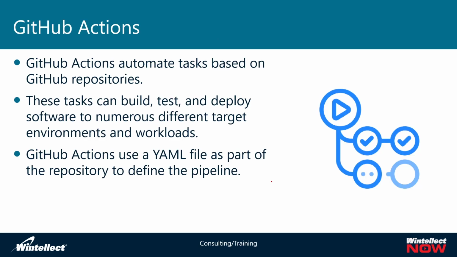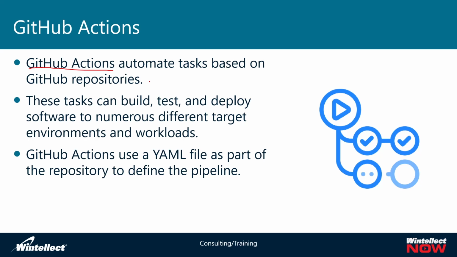Now, GitHub Actions are another way to automate tasks on Azure as well. GitHub Actions are built into GitHub itself, and they give me a YAML-based approach for running tasks. And again, you can build, test, deploy, do all kinds of things with actions.